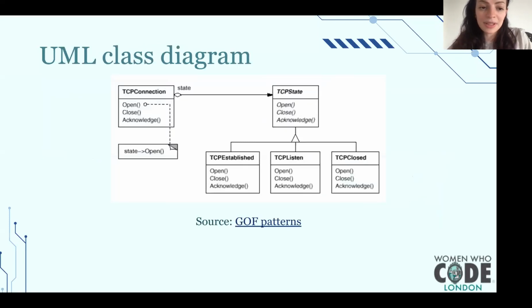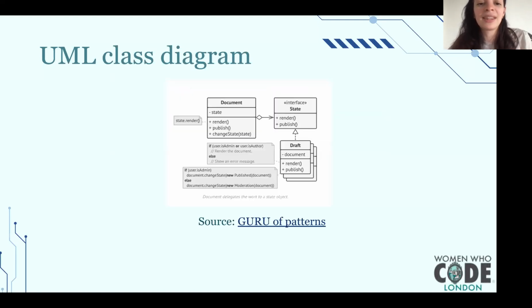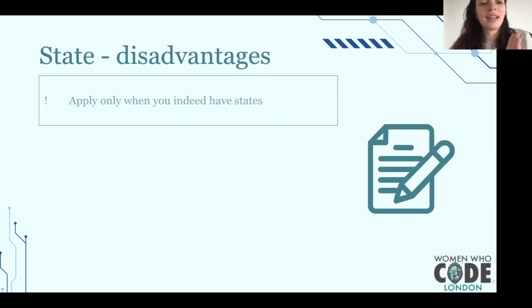For example, with TCP connection, the code is really simplified because you always put logic about established, listen, or closed TCP state in the state. Okay, and the disadvantage: it applies only when you indeed have states. Do not overuse this pattern.